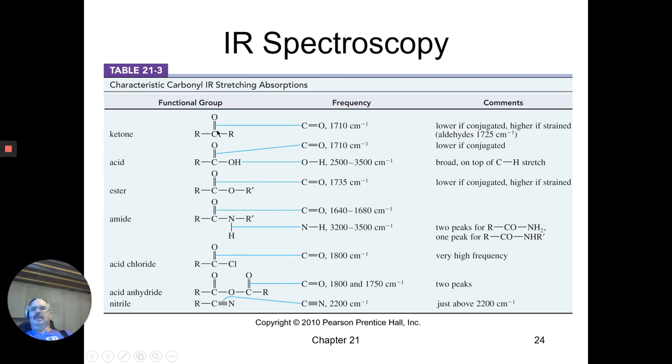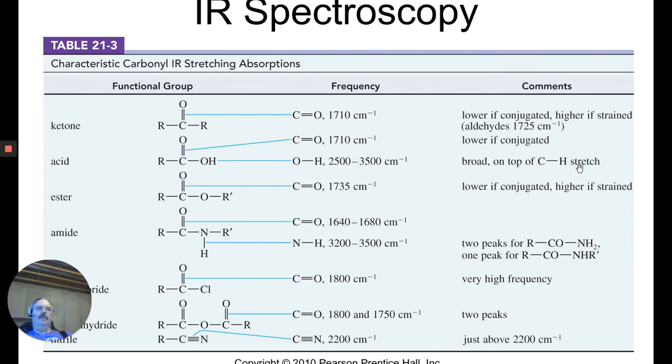We can easily distinguish a ketone from a carboxylic acid because the carboxylic acid will have this very broad OH stretch. In fact, it'll be on top of the CH stretch. Esters will usually be a little bit higher, 1740, 1750 for the carbonyl stretch, a little bit higher than acids or ketones.